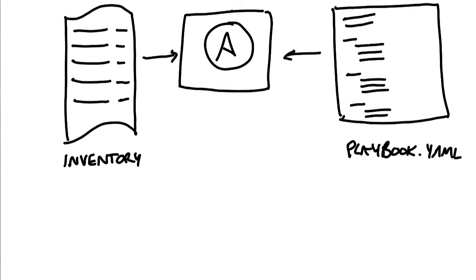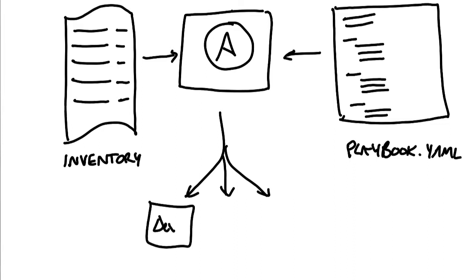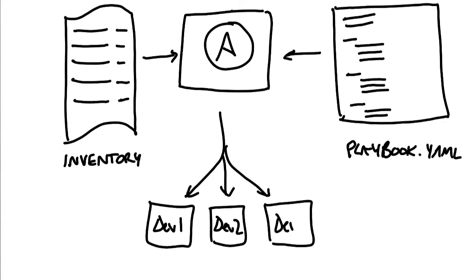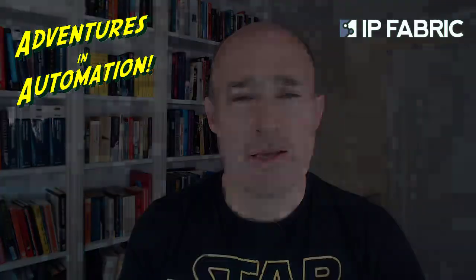And then you very simply run that playbook against the inventory and record the results. Obviously, it's a whole load more complex than that. Part of its appeal is that it can be adapted to deliver intricate automation workflows. But for the sake of this video, we're going to keep it simple.